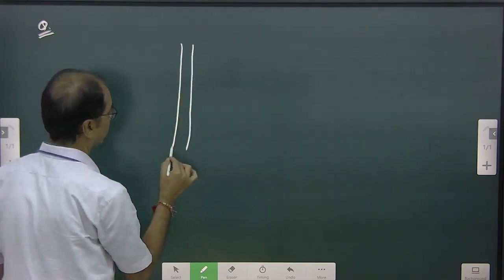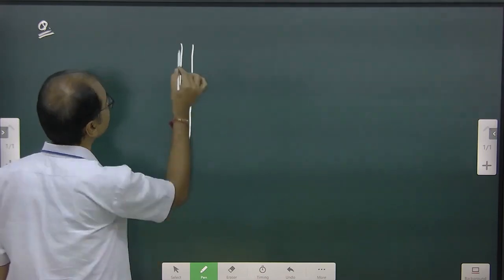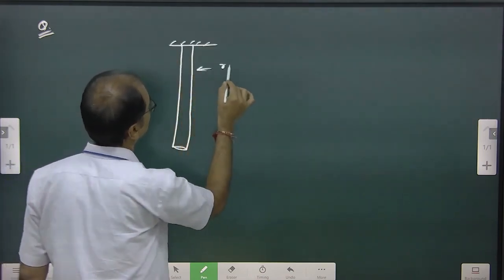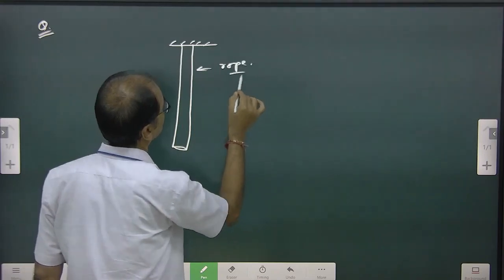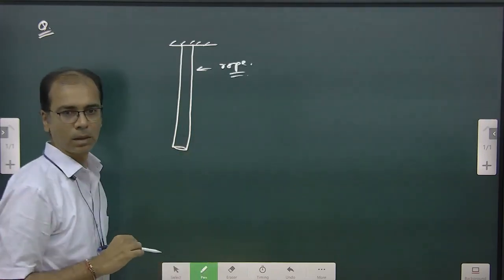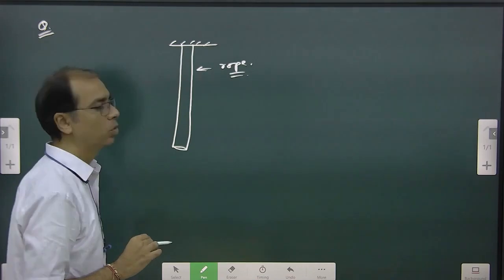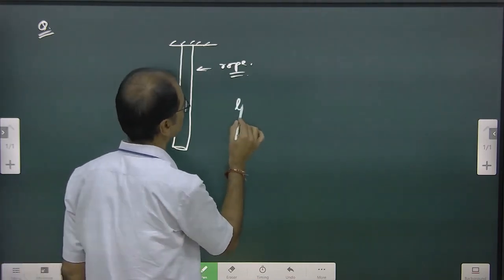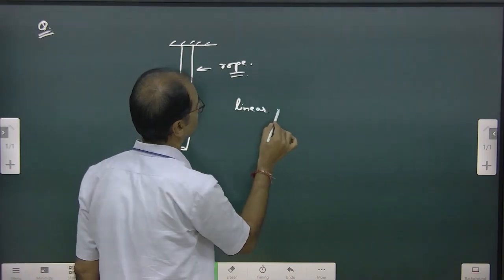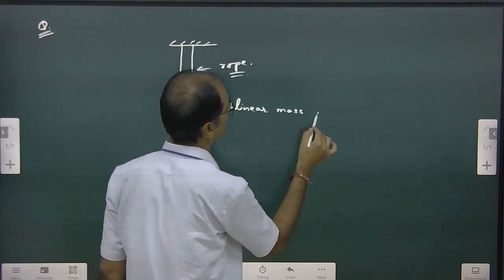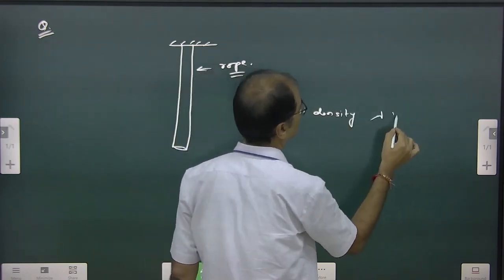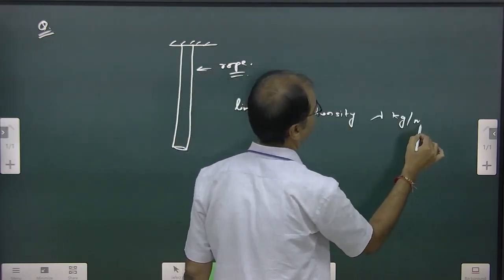This is a rope. In this rope, its linear mass density is lambda kg per meter.